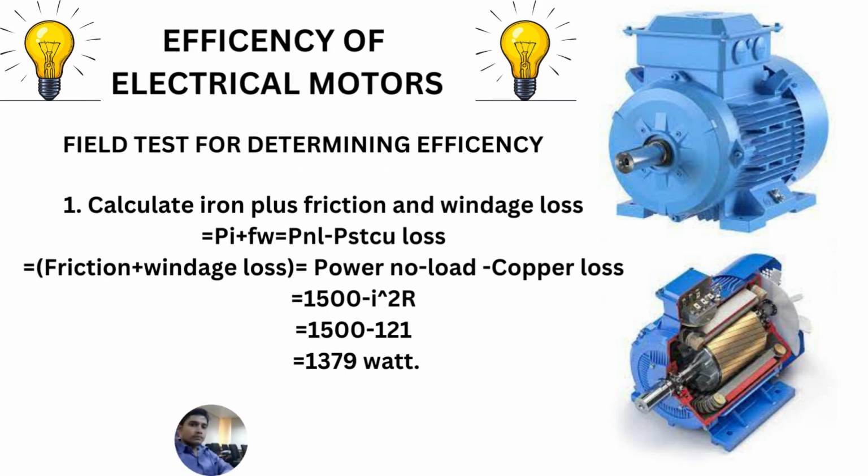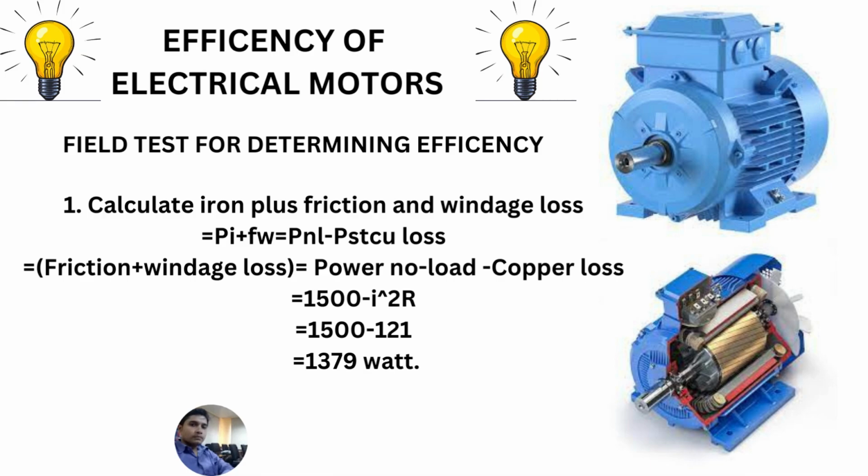Now, I will show you 5 simple steps for how you can calculate the efficiency of the motor. First, step number 1, calculate the iron plus friction and windage loss. That is nothing but the no load power minus copper loss at no load.